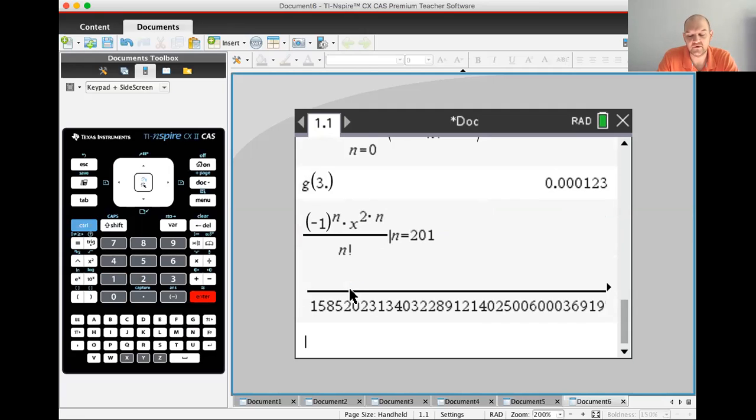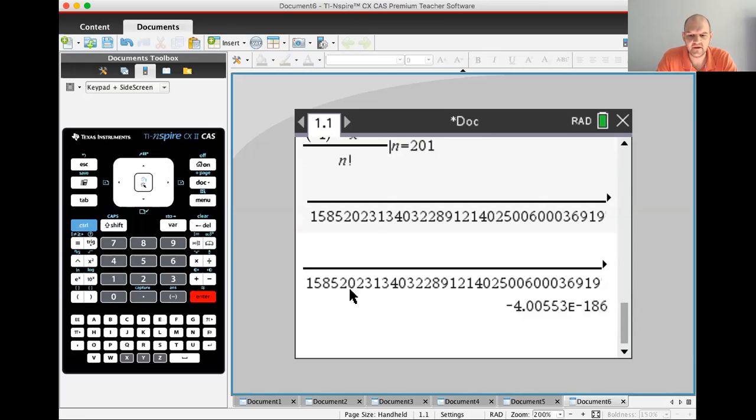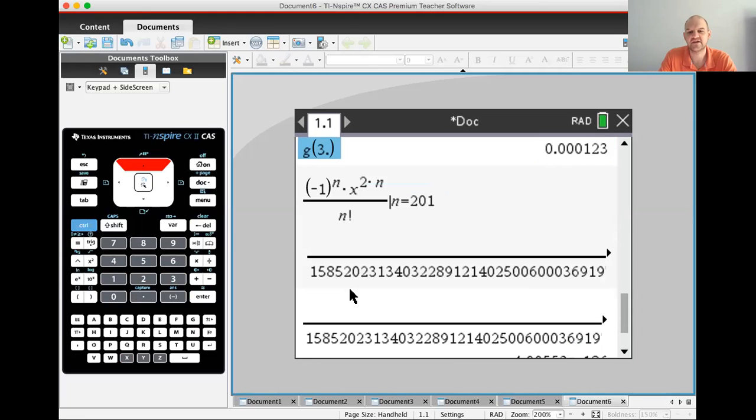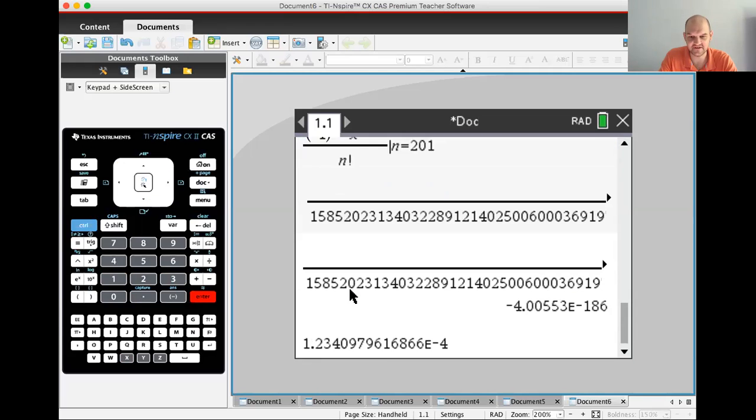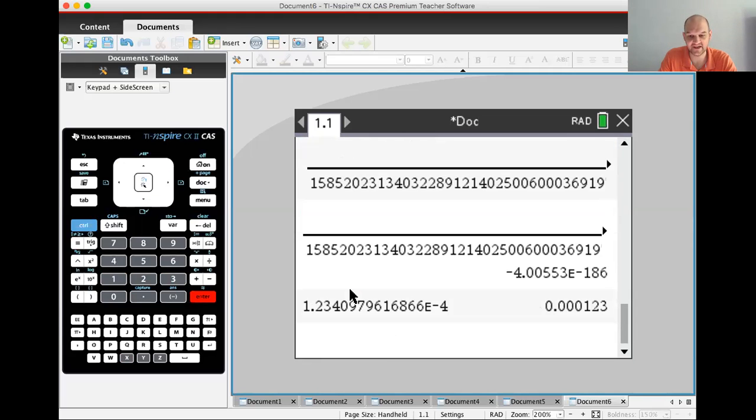Whatever that is, I'm going to plug in 3 such that x equals 3 with a decimal. That's the error. Oh, look how close you are. That's so close to 0 that I don't think the calculator could even deal with it. So this approximation is super, super accurate.